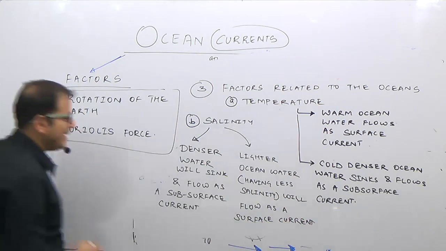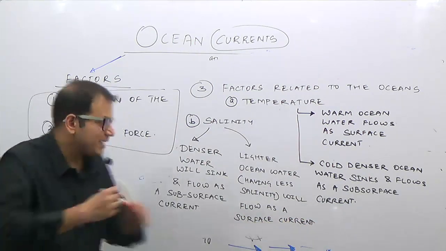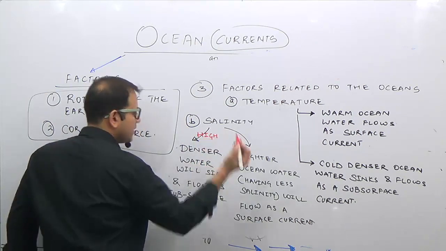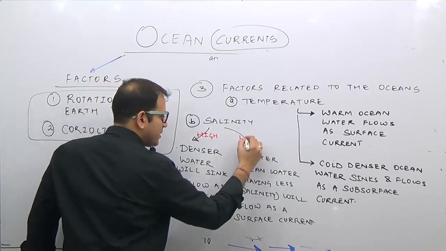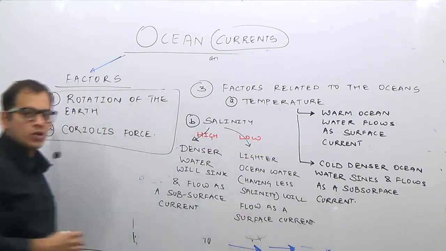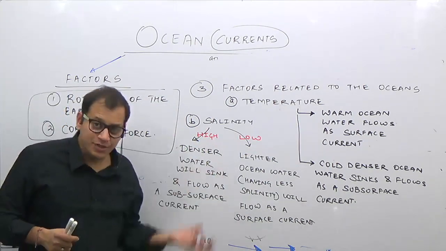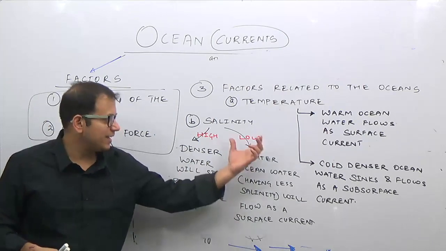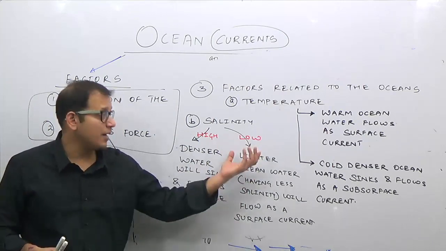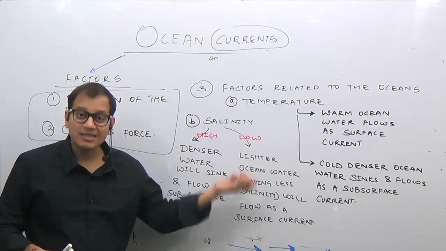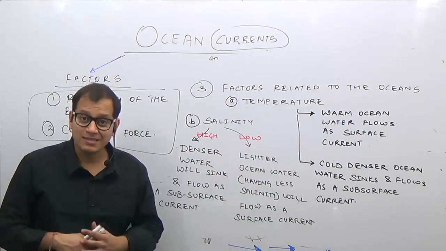So, why is this water denser? Because the amount of salinity here is high. Why is this water lighter? Because here the amount of salinity is low. So in the areas of high salinity, the water becomes denser and it will sink and flow as a subsurface current. And in the areas of low salinity, the density of water is less, so the water is lighter and it flows as a surface current.